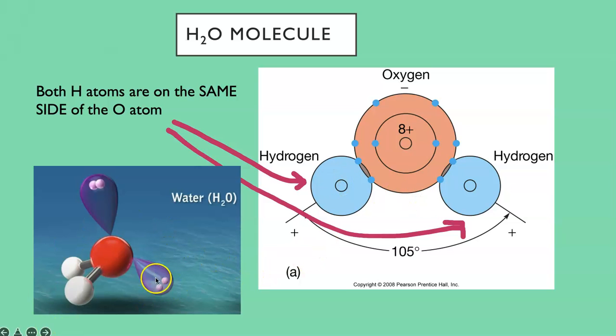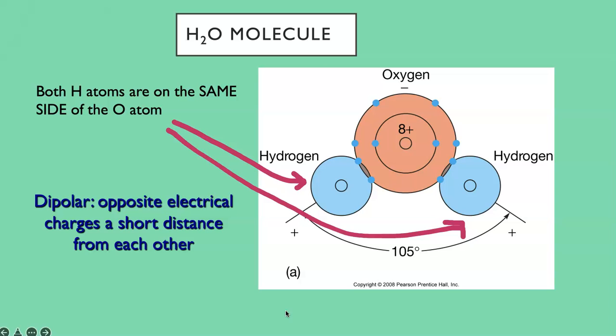So this is a good cartoon. Here's the oxygen, here are the hydrogens, and then these little bubbles are showing the two electron pairs. And so because these two pairs of electrons are repelling each other, it winds up forcing the hydrogen atoms on this side.